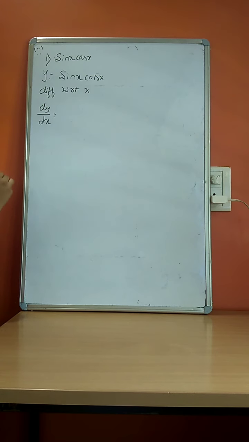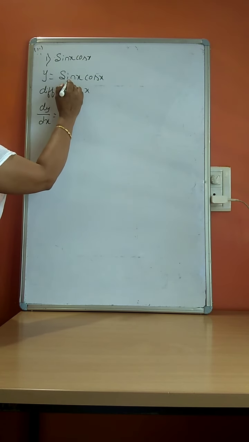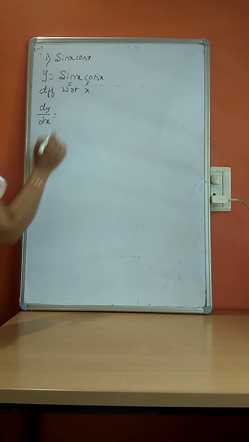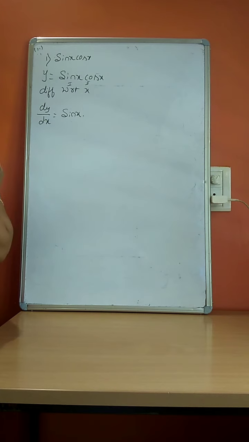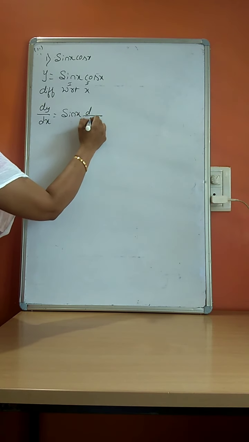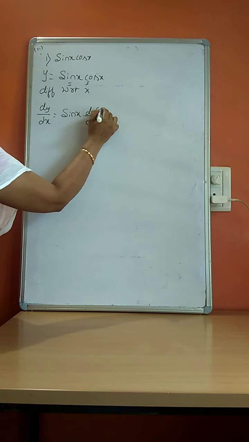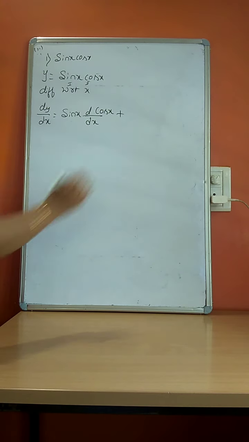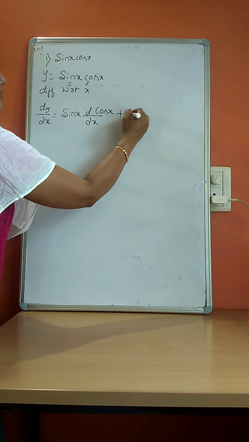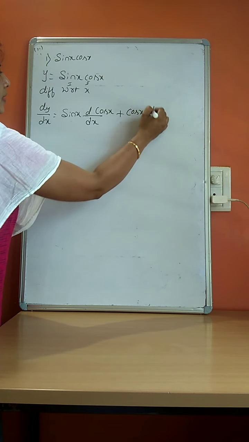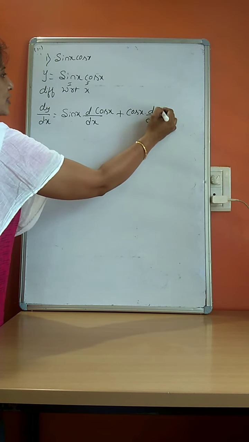Dy by dx is equal to first function, consider this one. This one is second function. First function into d by dx of second function is what? Cos x plus second function into d by dx of first function.